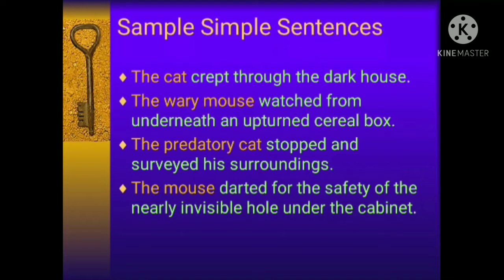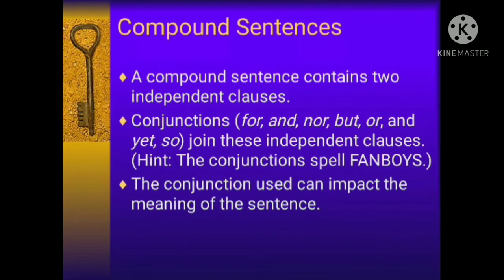Keep in mind that it may have a single subject and single verb, but sometimes it may have two subjects and more than two verbs. When two subjects are there, we call it a compound subject, and two or more verbs, a compound predicate. Clear? So this is simple sentence.